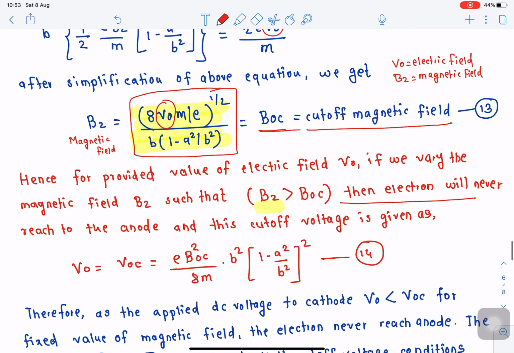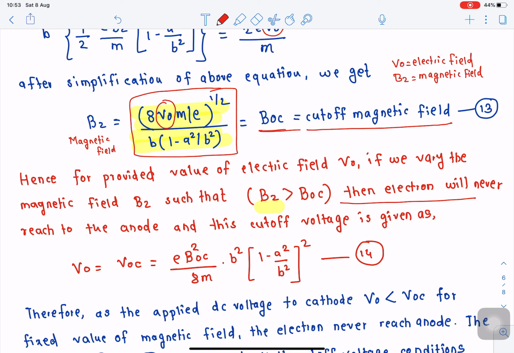So similarly, for the Hull cutoff voltage for the electric field, by keeping the magnetic field constant, we can also vary the electric field, and this is a better option in comparison to the first case. We can easily vary the electric field by maintaining a constant magnetic field. So the reverse is also true.